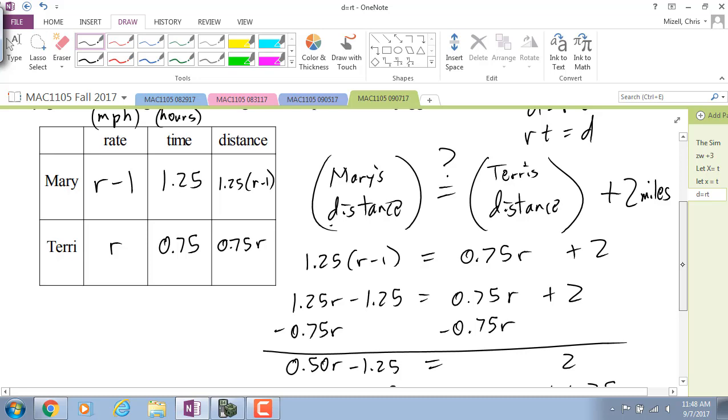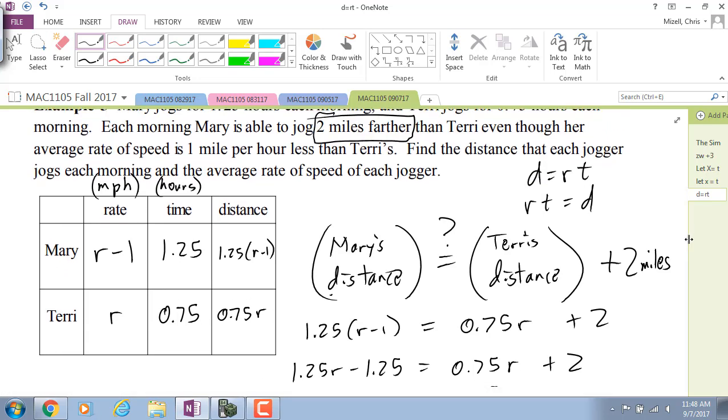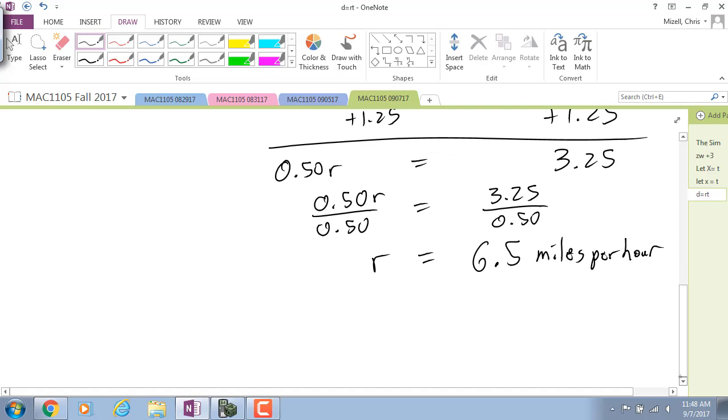That is Terry's rate. So we're supposed to find the distance each jogger jogs. We're not there yet. And the average rate of speed of each jogger. Well, we've got Terry's average rate of speed. We just need Mary's average rate of speed. Mary's a little slower. 5.5 miles per hour.